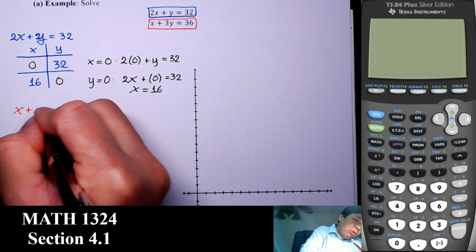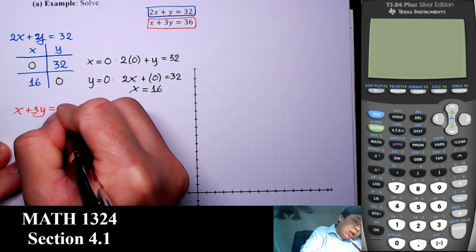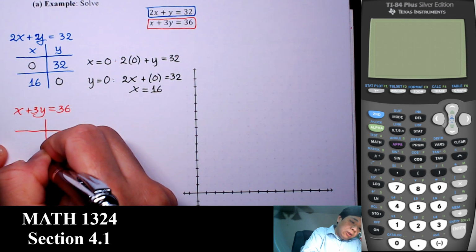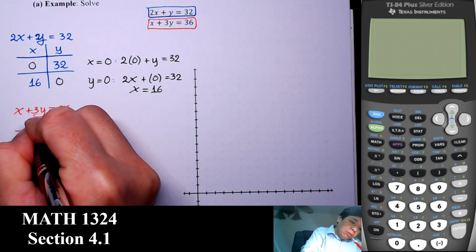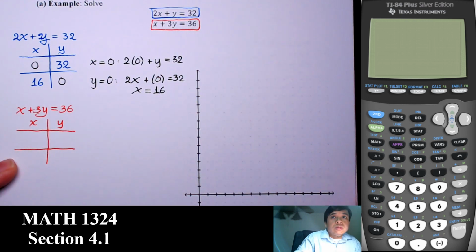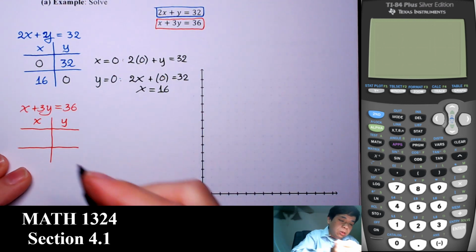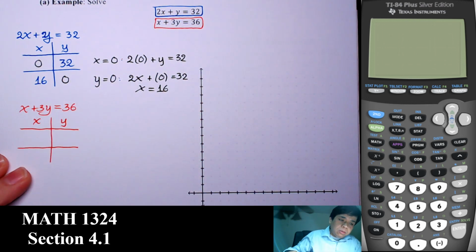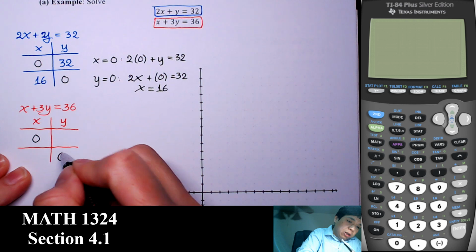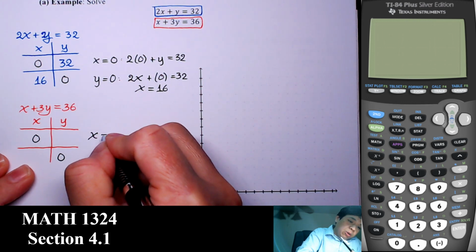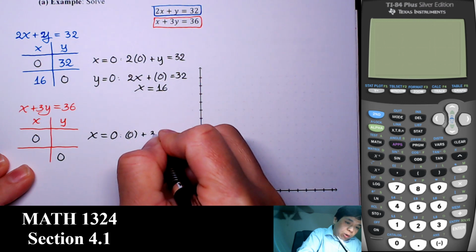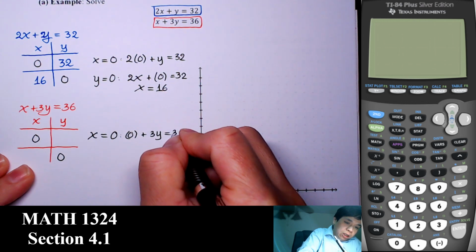Now just focus on the other equation: x plus 3y equals 36. Now we choose x to be 0 and y to be 0. When x is equal to 0, we have 0, and then 3y equals 36.